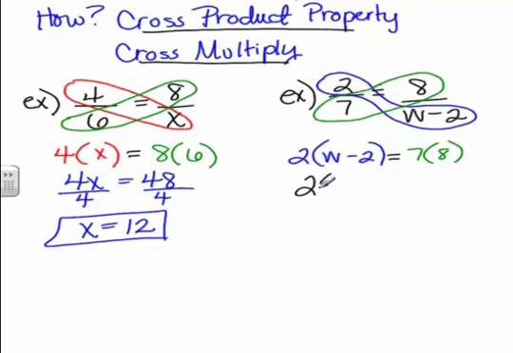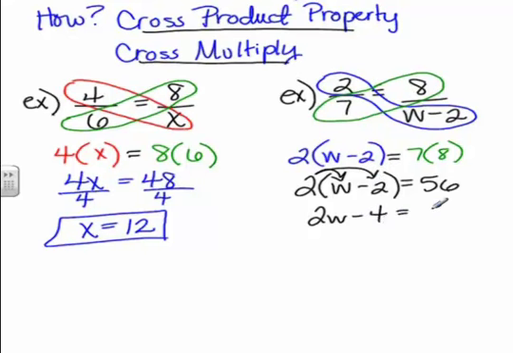So we have 2 open parentheses, W minus 2, close parentheses, equals 56. Now we have a basic equation. So how do we clear parentheses from an equation? Use the distributive property. So 2 times W is 2W. 2 times negative 2 is negative 4. And we have 56 on the other side.